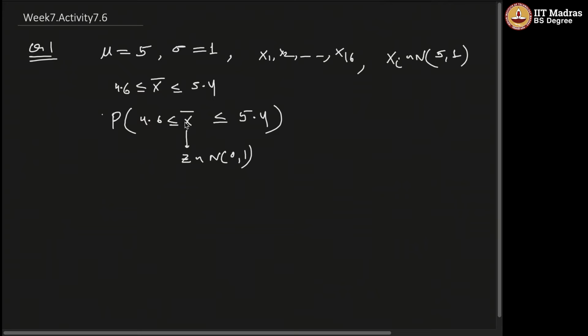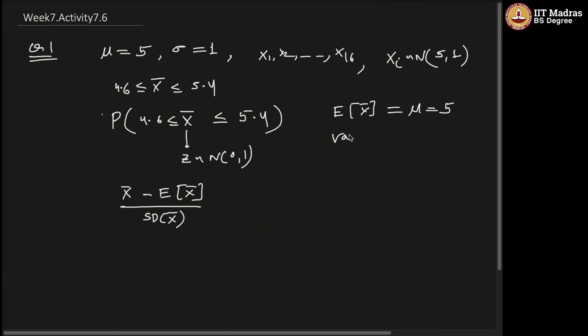To do that, we want to standardize this x bar. We will subtract the expected value of x bar and then divide it by the standard deviation of x bar. We are very familiar with these values. The expectation of x bar will be equal to mu, which is 5.